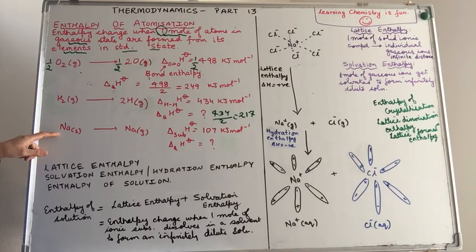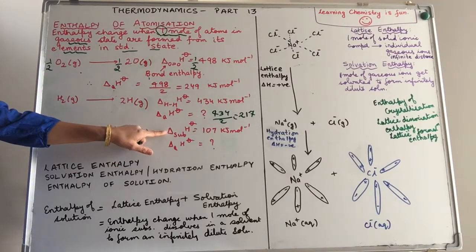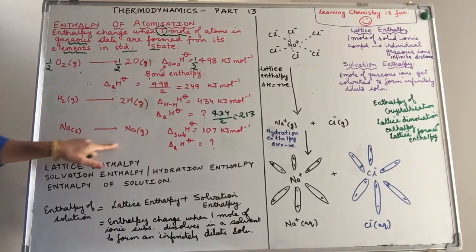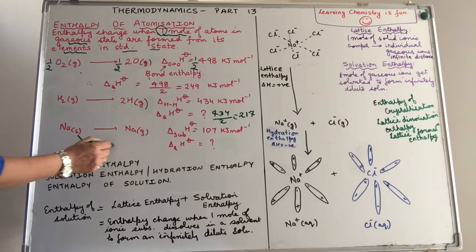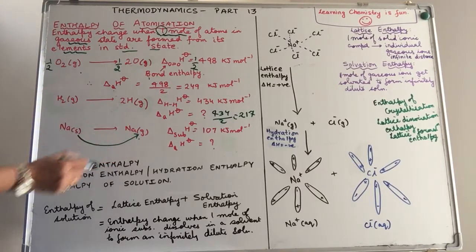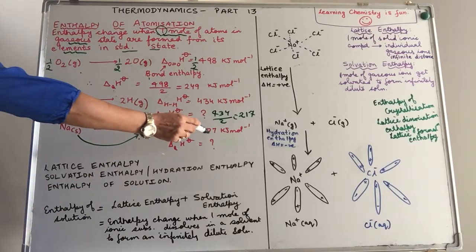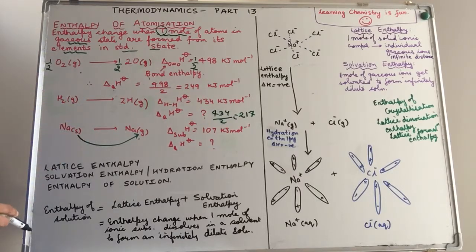Take the third case. Sodium, standard state solid, changes to sodium gaseous state. Now here it's in an atomic state only. We know that the standard molar enthalpy of sublimation, because it's the direct process wherein solid sodium changes to gaseous sodium, is 107 kilojoule per mole.